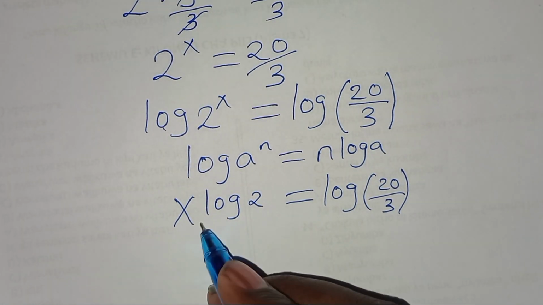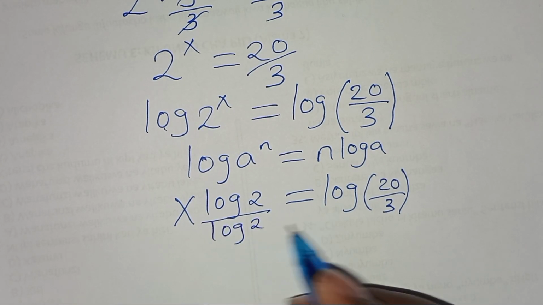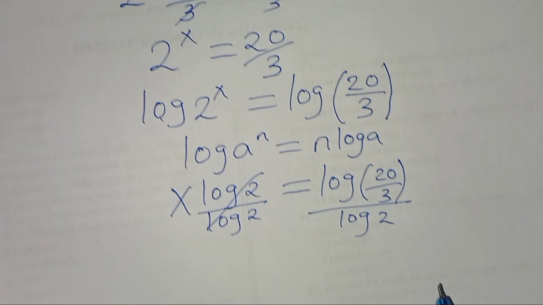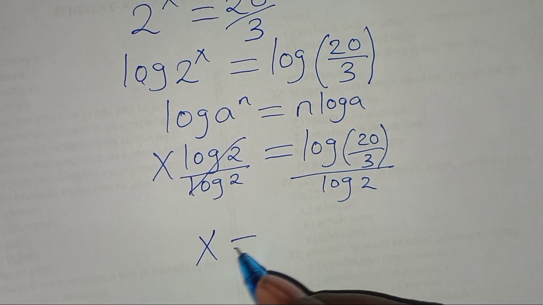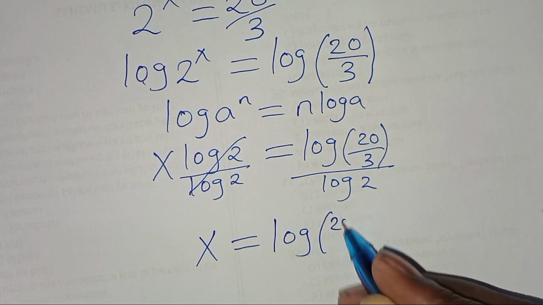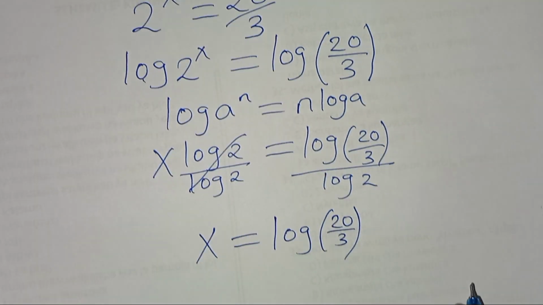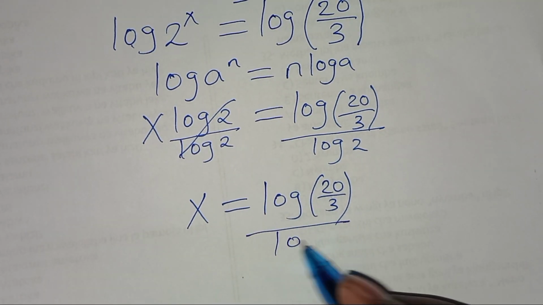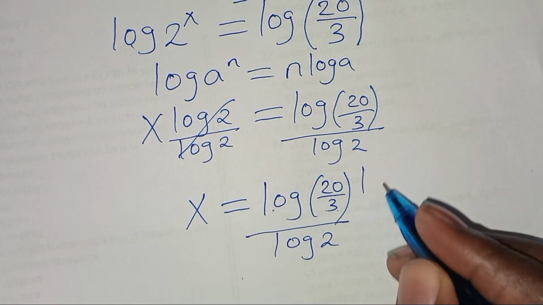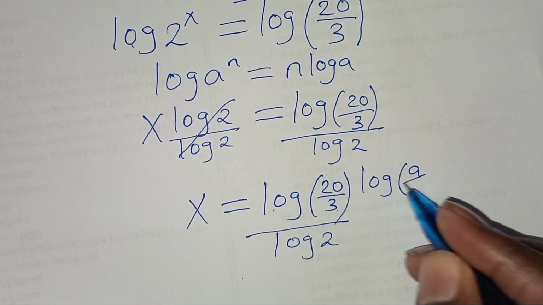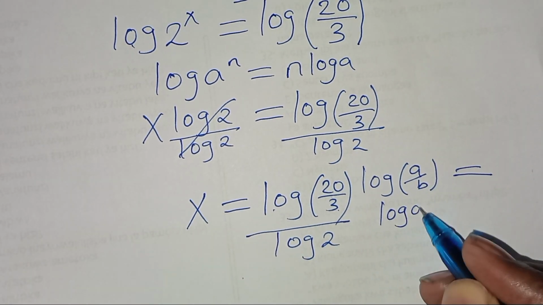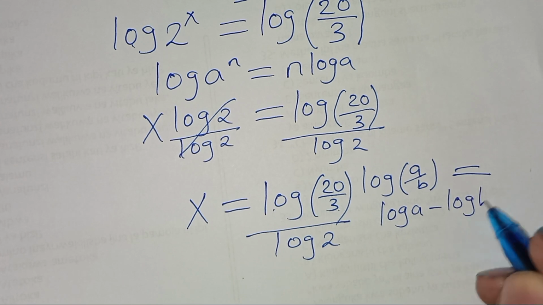So in this case, let's divide both sides by log 2 so that now the value of x here is equal to log 20 divided by 3, divided by log 2. Now log 20 divided by 3 is in the form of log a divided by b, which we can express as log a minus log b.